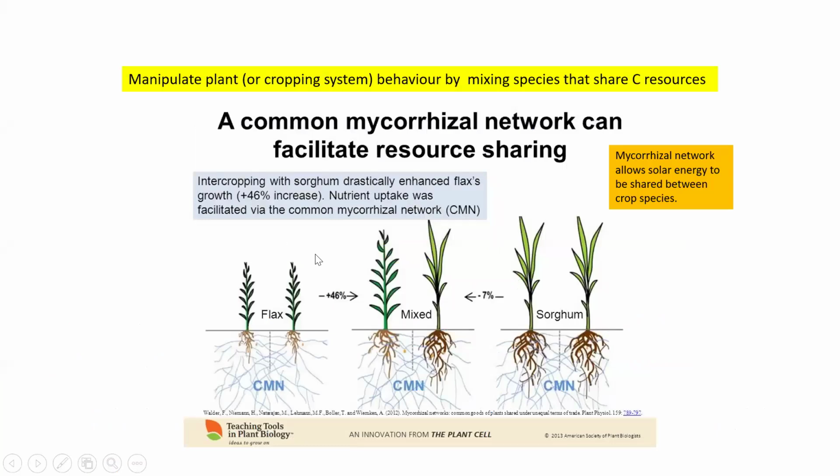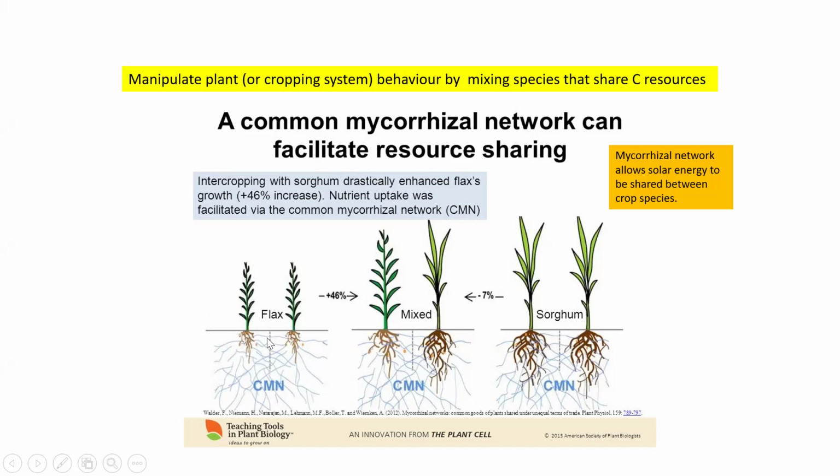Now, the other thing that's happening here is even though these plants might be tapping into different resource pools, they're going to be sharing resources through the common mycorrhizal network. And this example is quite striking. I should explain it.